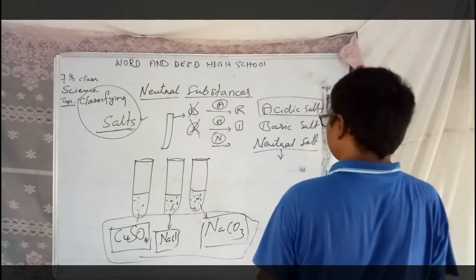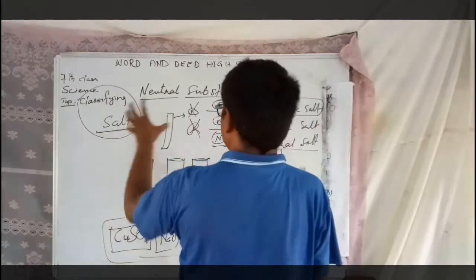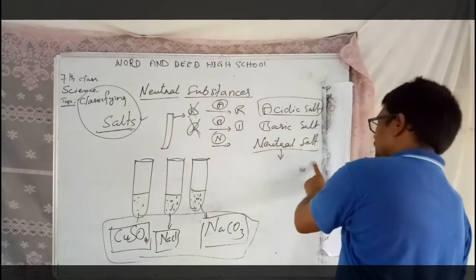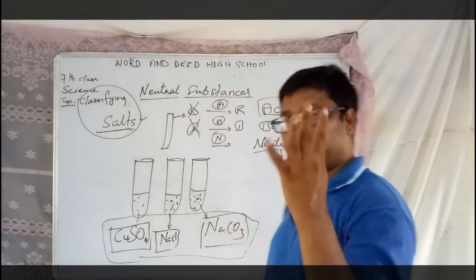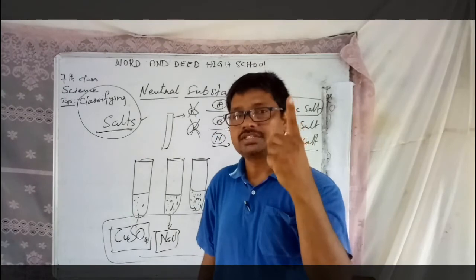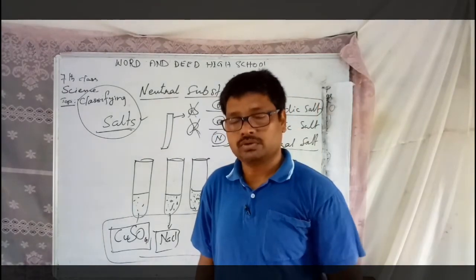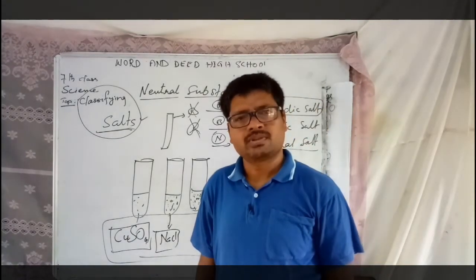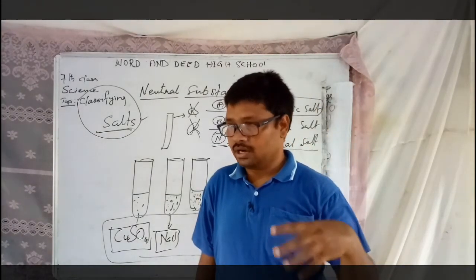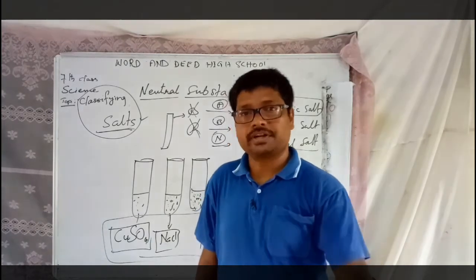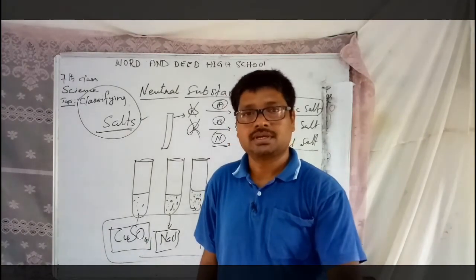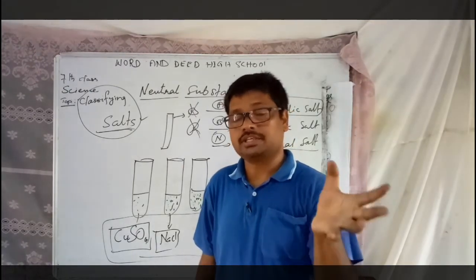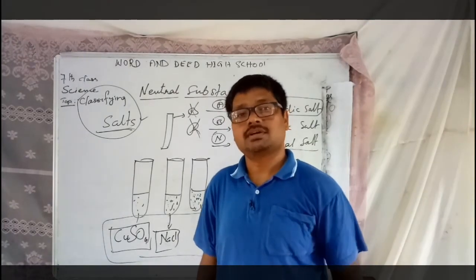Okay, students. Like this, you have to classify the salts, whether it is acidic salt or basic salt or neutral salt. Salts are of three types: acidic salt, basic salt and neutral salt. Okay students, did you get the point? How to classify the salts as well? Not only can substances be classified into acids and bases, they can also be classified into salts, especially acidic salts, basic salts and neutral salts.